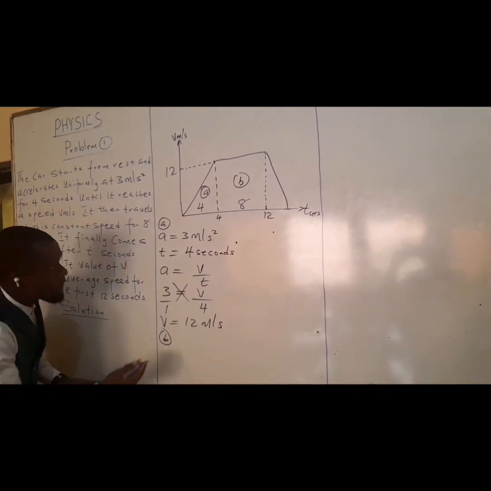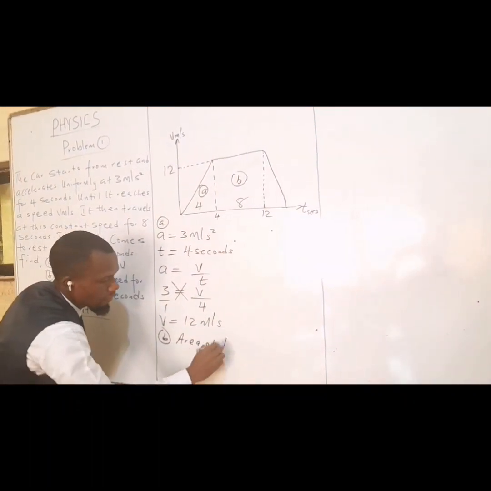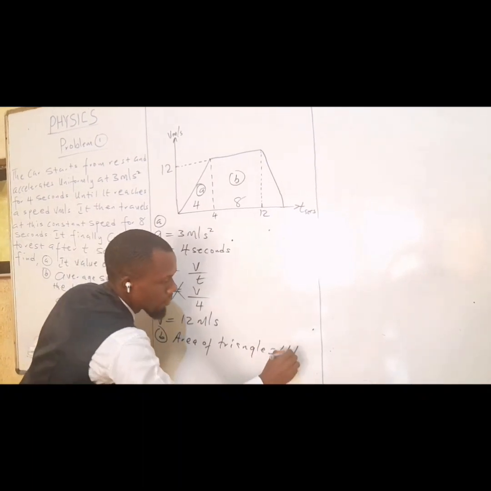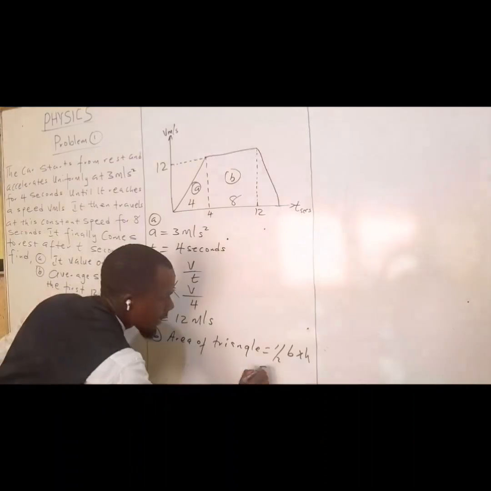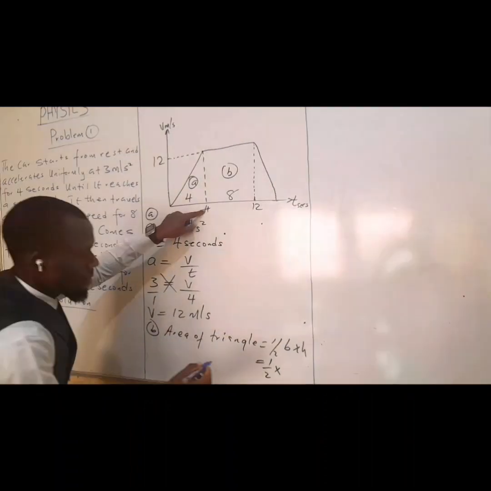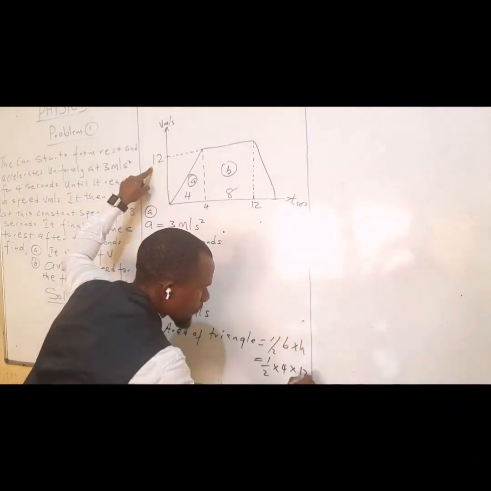Let's flow. So the first one, let me look for my area of triangle, which is half base times height. So I have half times my base, which is 4, times my height, which is 12.